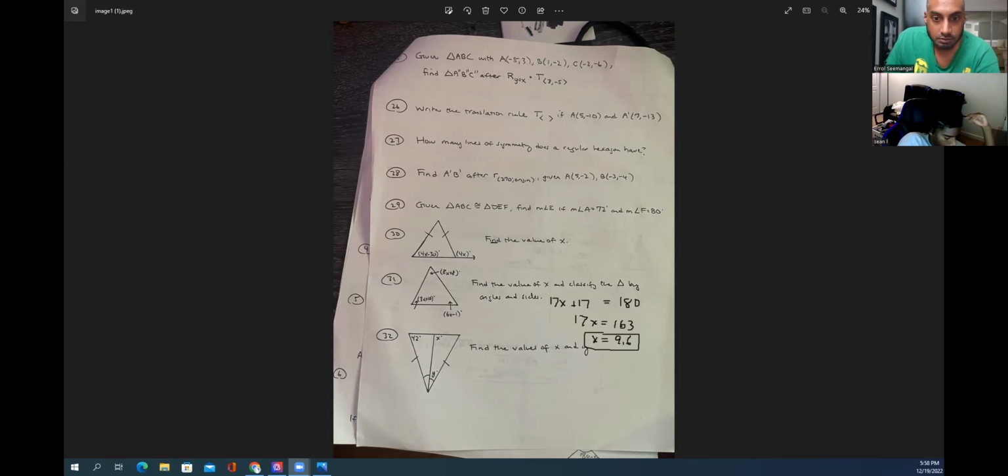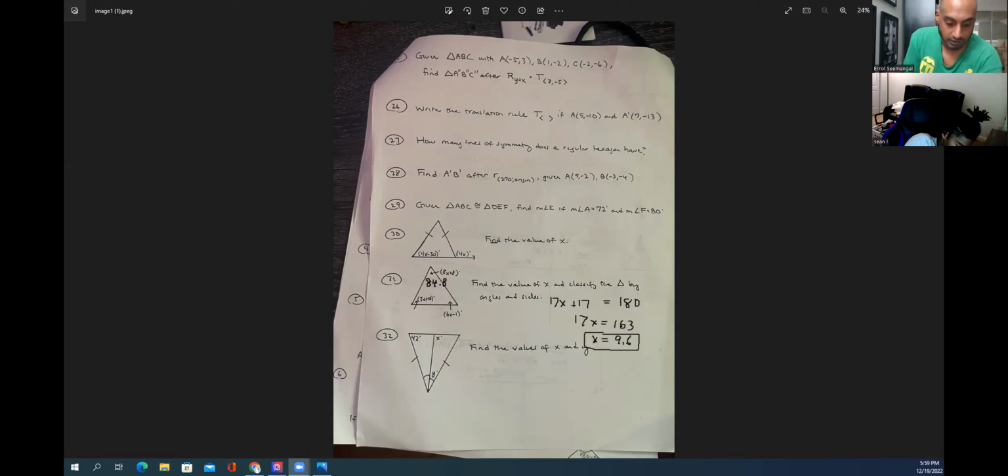Okay, so all the angles would be 3 times 9.6. So the bottom left would be 38.8.